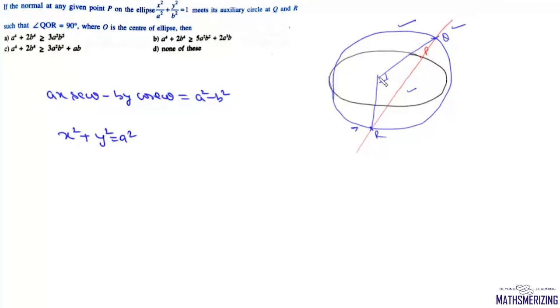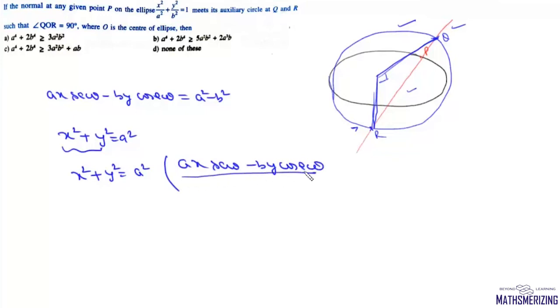Now from these two equations we can write the equation of the pair of lines passing through the origin and through the points of intersection of these two curves. So we have to make the curve homogeneous. We'll make this circle homogeneous using this equation. So we can write this curve as x square plus y square, and it will be a square, and then we can write this as ax secant theta minus by cosec theta upon a square minus b square whole square.